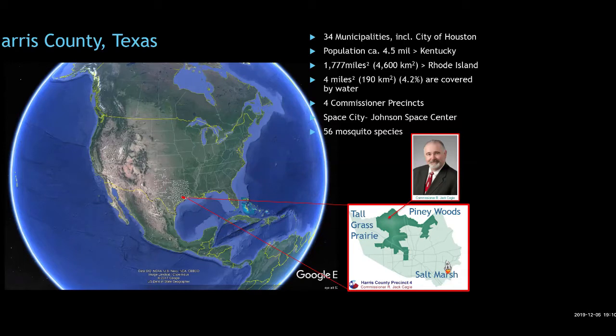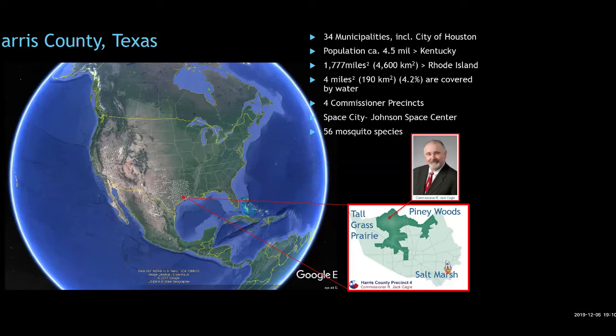We have an awful lot of residents. It happens to be made up of more folks than the entire state of Kentucky has residing in it. And on a coverage area, Harris County itself, one teeny weeny little county, is larger than the entire state of Rhode Island.